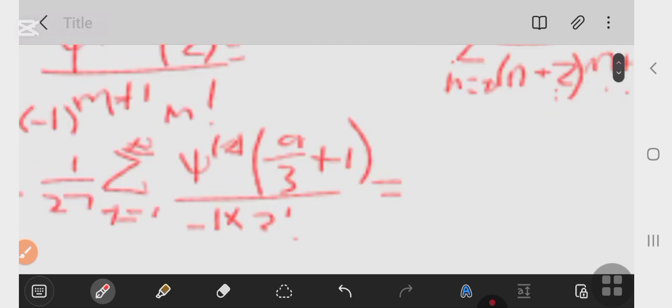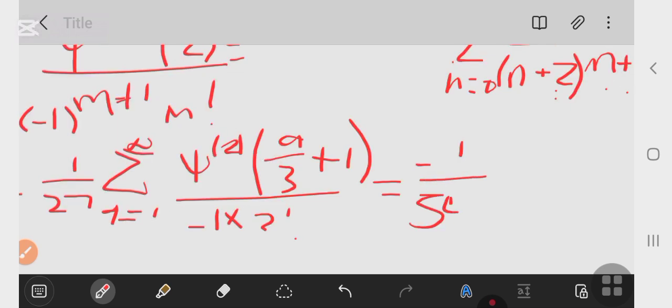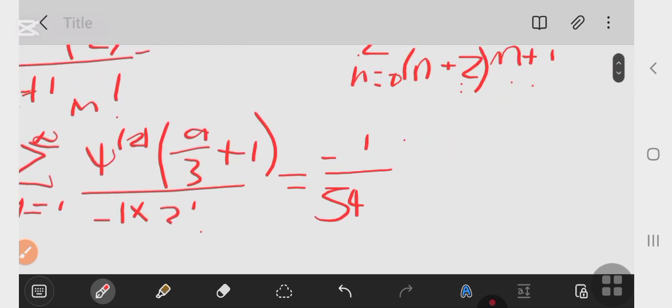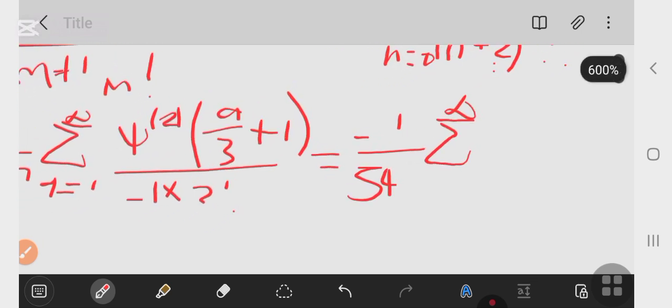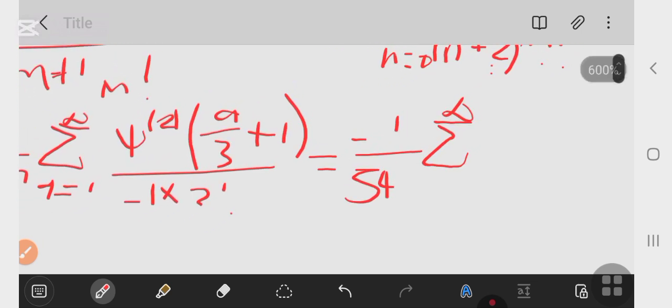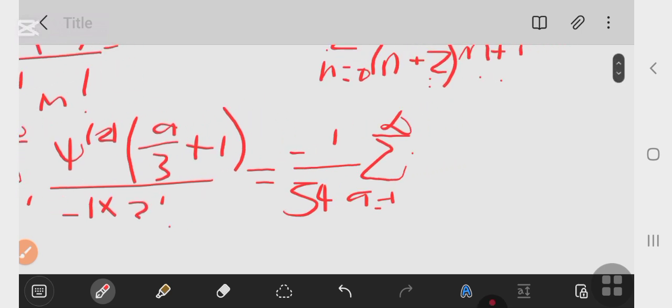So I have minus 1 over 54 multiplying the sum to infinity of a, starting from 1, all into my Trigamma function.